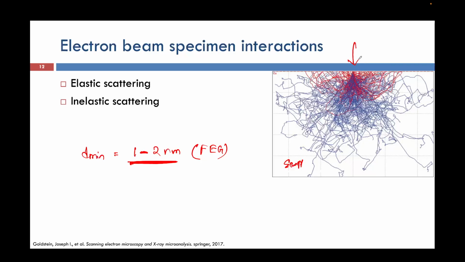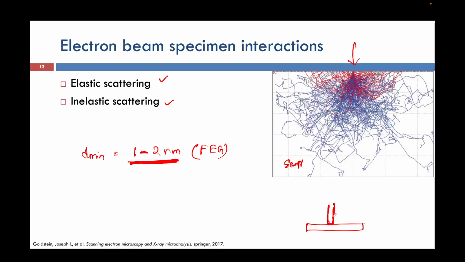First of all, it will penetrate into the sample. Then there are two phenomena that will take place. One is elastic scattering, another one is inelastic scattering. Why do I have to consider elastic scattering and inelastic scattering? Because when the electron enters at 1 to 2 nanometer, let's say this is my specimen and my probe is coming in this region, right? Then I should be able to get information from this one, and then my job is done.